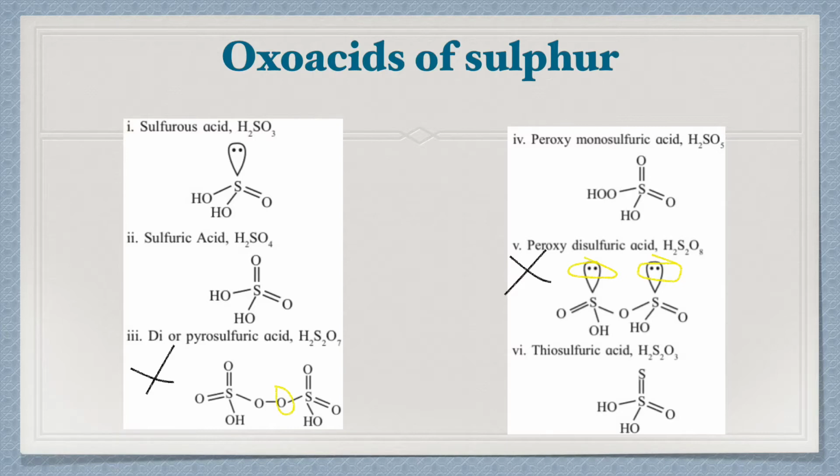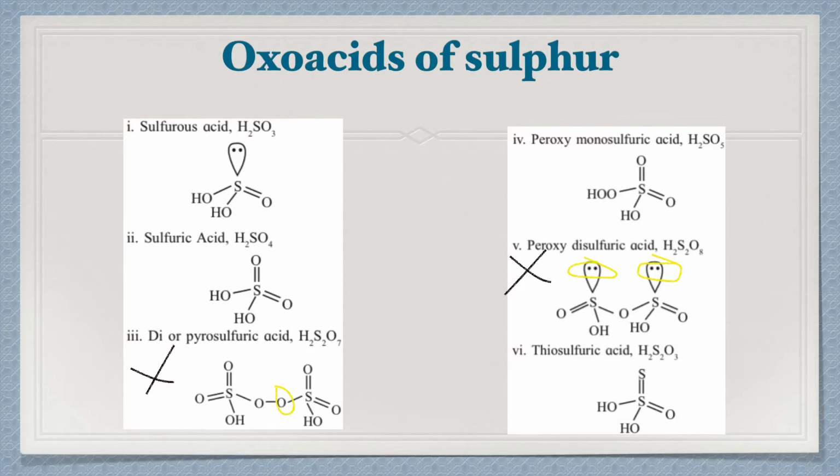So it can be anyway. Always remember, if it is OUS at the end, the oxidation state of sulfur will be +4, and if it is ic acid, it is always +6. That means the higher oxidation state is represented by ic acid, and the lower oxidation state acid is represented by ous acid. Okay, so hopefully till here you understood.